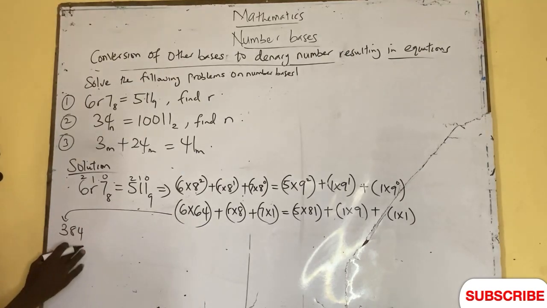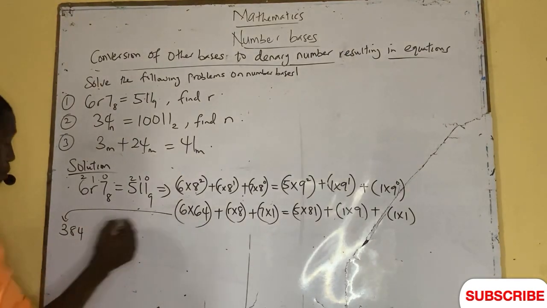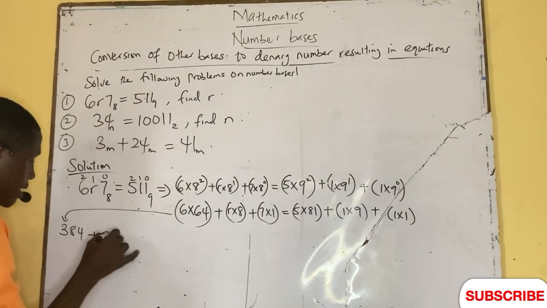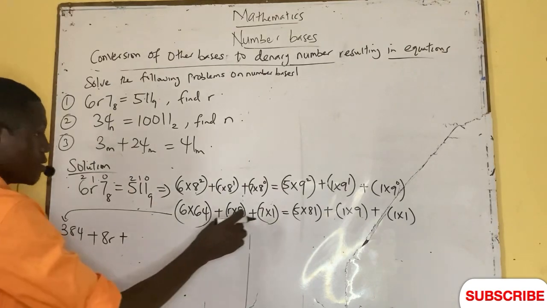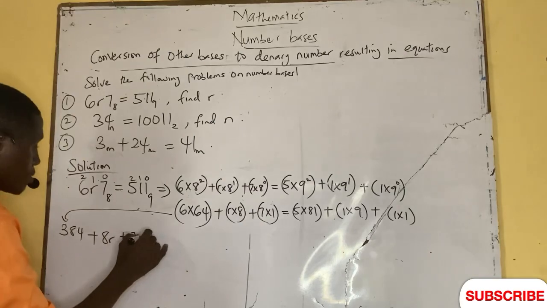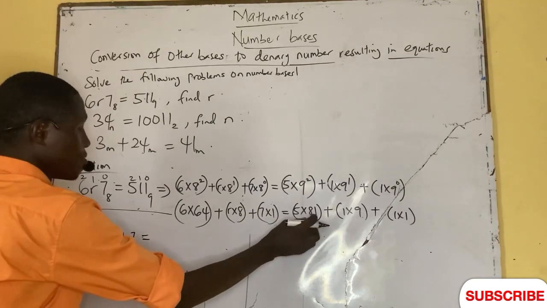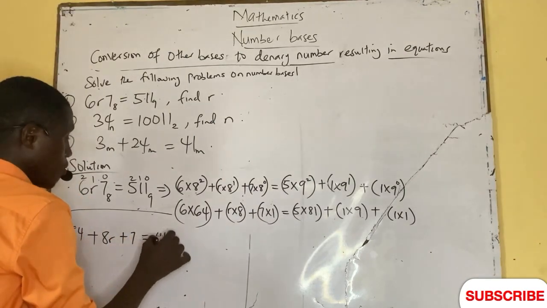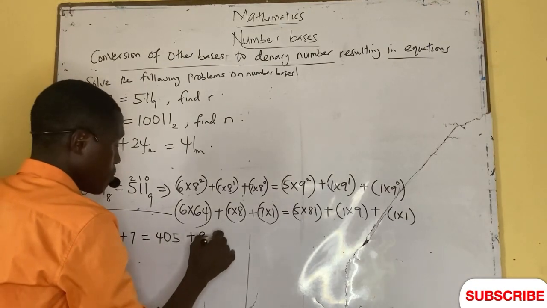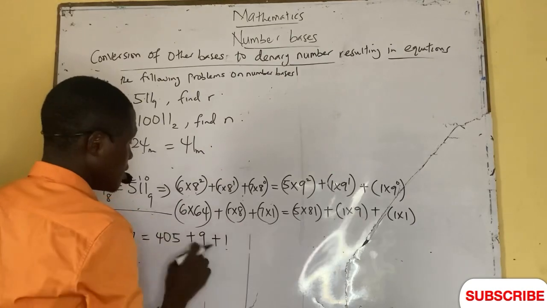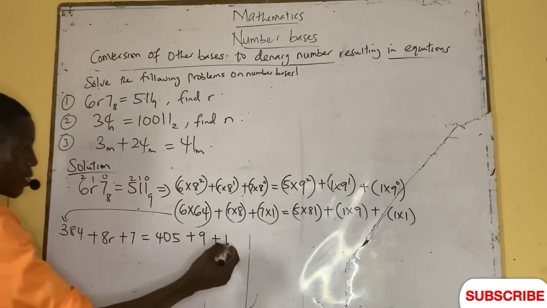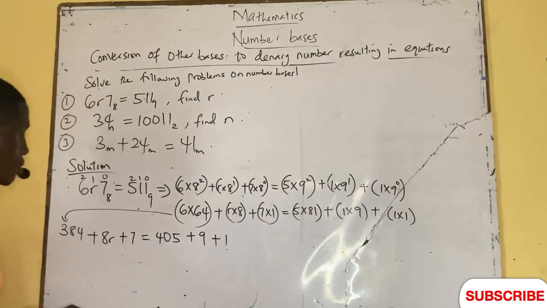So 384 plus r times 8, that is 8r, plus 7 times 1, that is 7, equals, now 5 times 81 is 405, plus 9 plus 1, because 9 times 1 is 9 and 1 times 1 is 1.